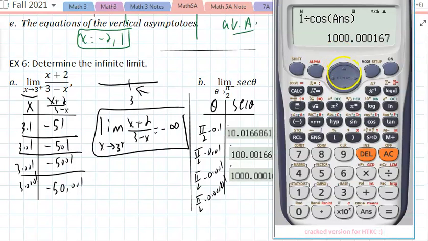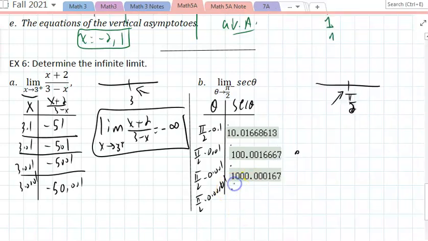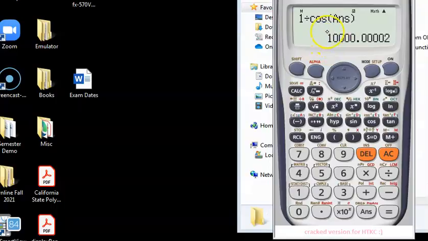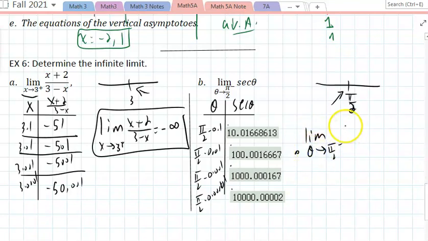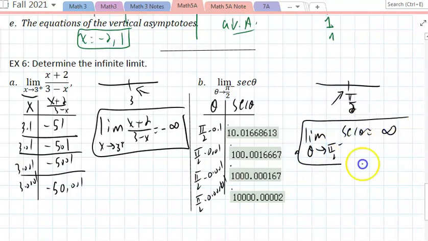Are you confident what it is? If not, you keep on doing this until you convince yourself. I'm guessing it's 10,000. So my guess, it's heading to infinity. I would say the limit as theta approaches pi over 2 from the left of the secant of theta equals infinity. Now you could verify your answer.